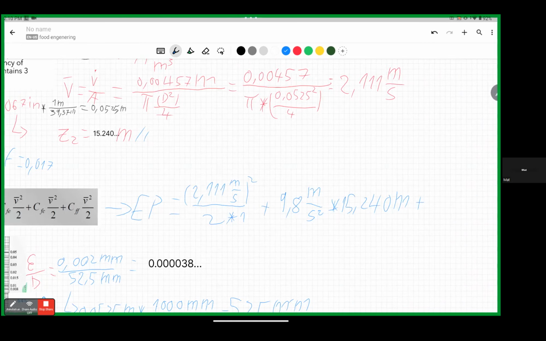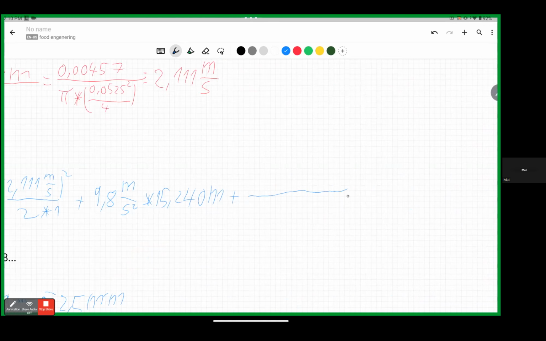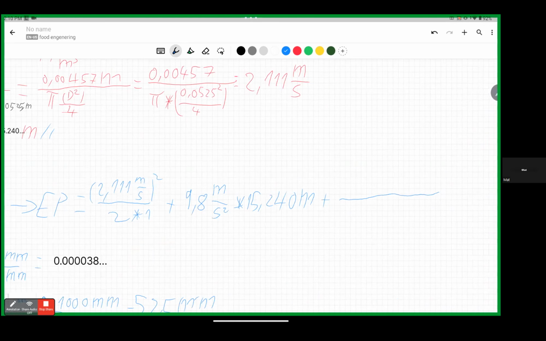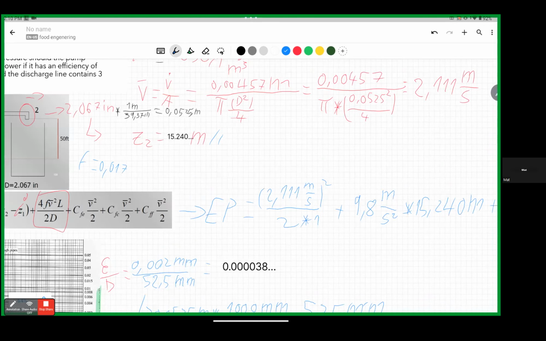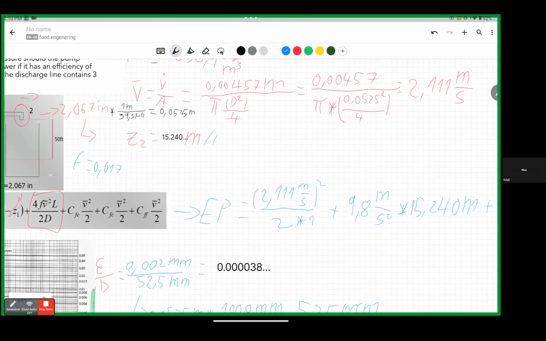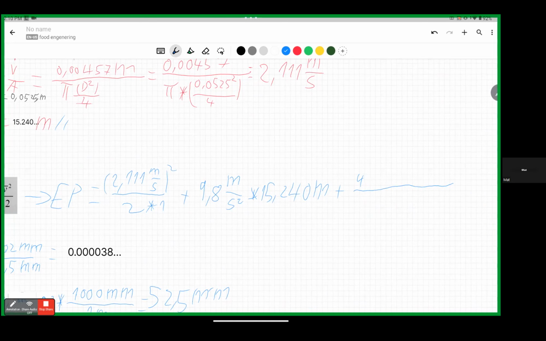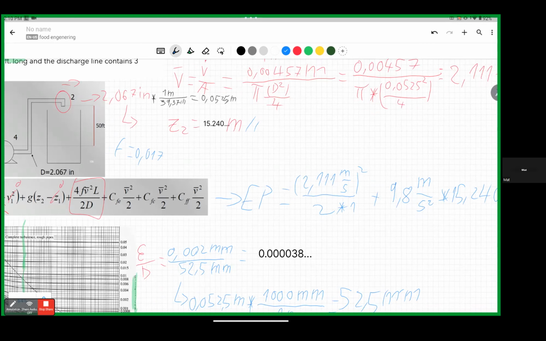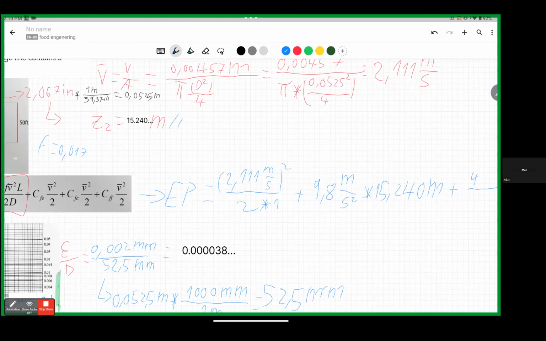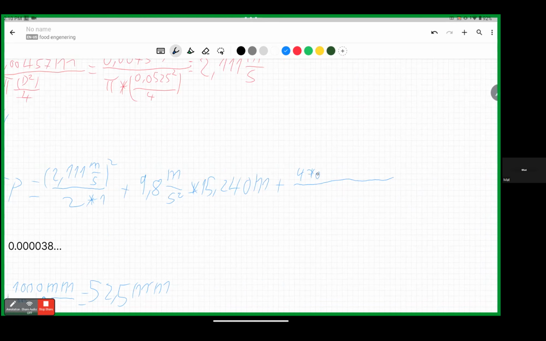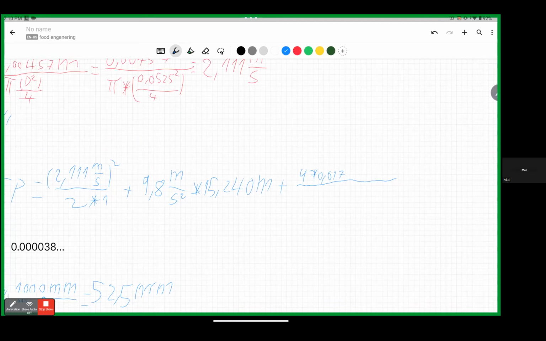For example, from our Moody diagram, the friction factor is 0.017. Remember, this doesn't have units.